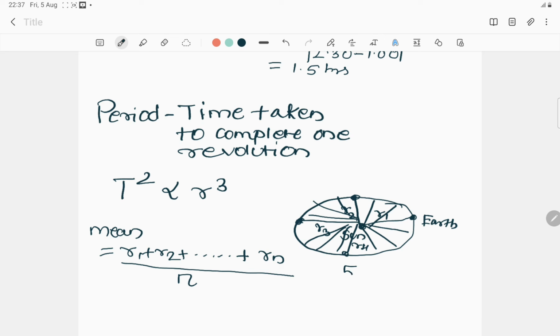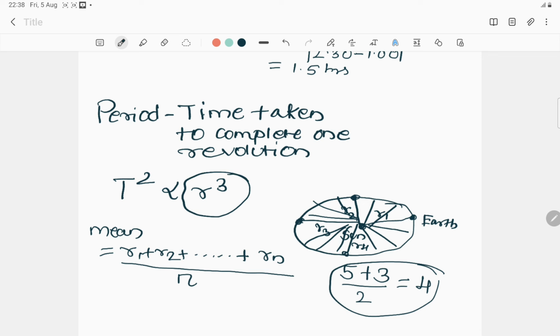For example, the mean of 5 and 3 is 5 plus 3 upon how many observations there are, 2, which is equal to 4. So that is why the term comes, cube of the mean. So your r will be r1 plus r2 plus dot dot dot up to rn, divided by n.